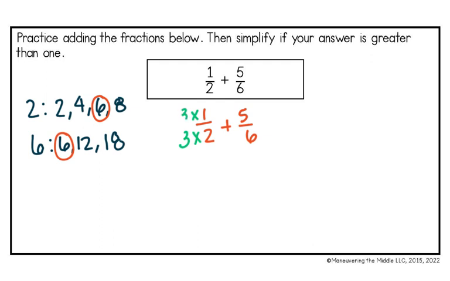So I have to multiply the numerator by 3 as well. So now let's go ahead and change our fraction. So 3 times 1 is 3. 3 times 2 is 6. And we can go ahead and add that to 5/6. Our denominator will stay the same. It will be 6. 3 plus 5 is 8.